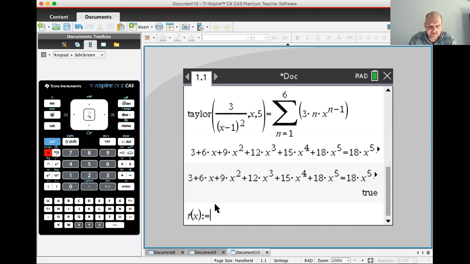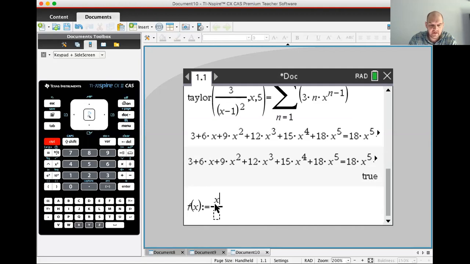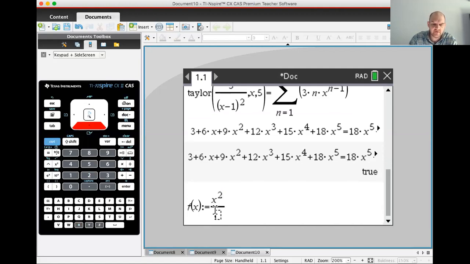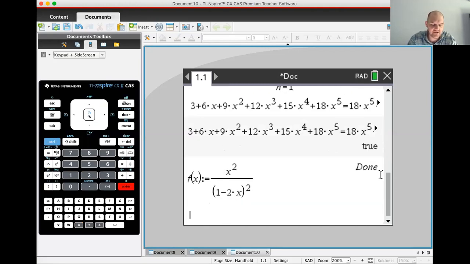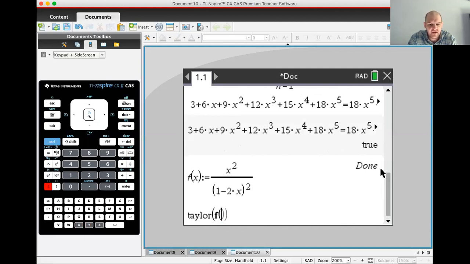F of x is x squared over the quantity 1 minus 2x. People see this process and they're always intimidated by it because it's like, how would I ever think to do all these things? Well, I just showed you, right? That's how I learned. Somebody was like, hey, look at this, watch what I do. And I watched and I was like, I guess I could potentially do that. And you'll be the same. You eventually can do it.